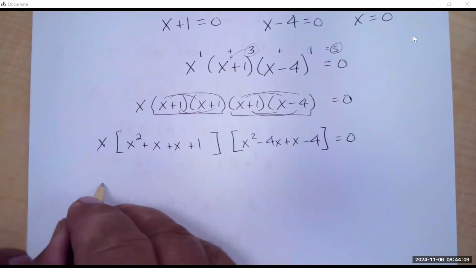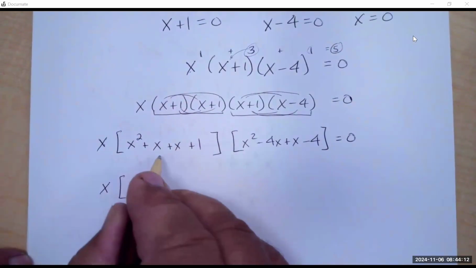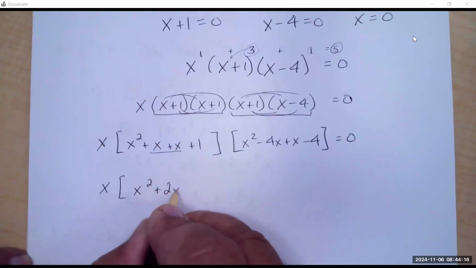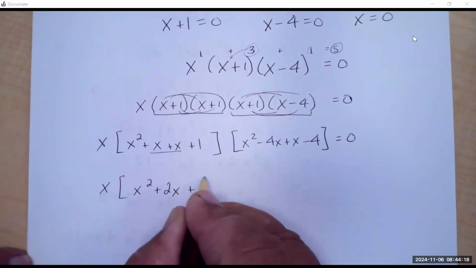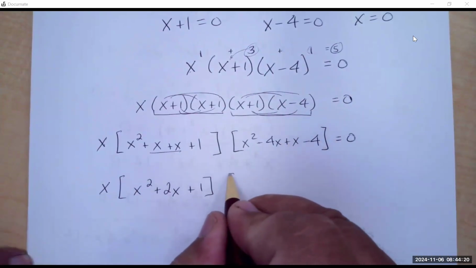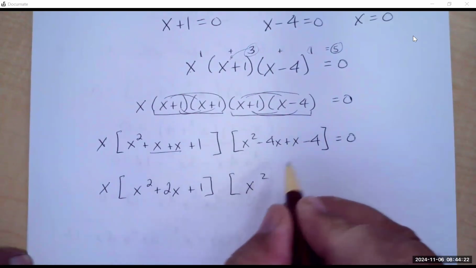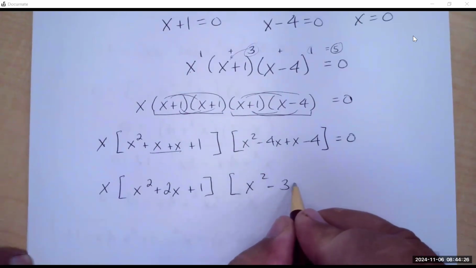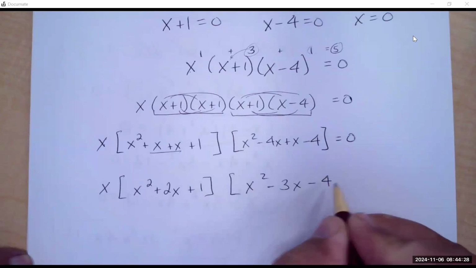Combine like terms. So we have x squared plus 2x plus 1. x squared, negative 4 plus 1 is negative 3x, minus 4.